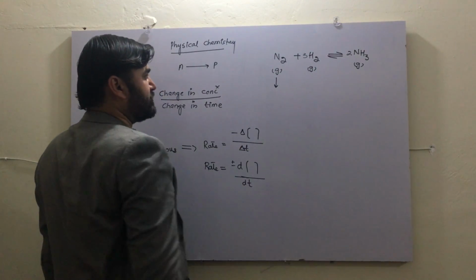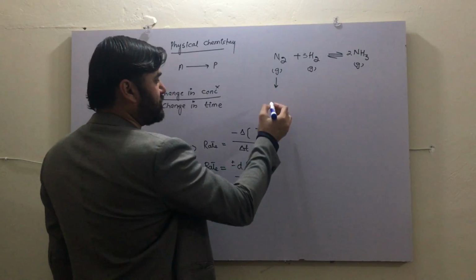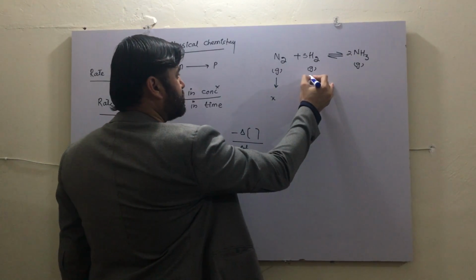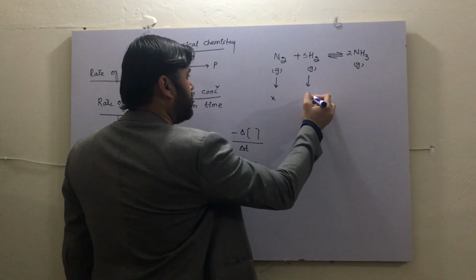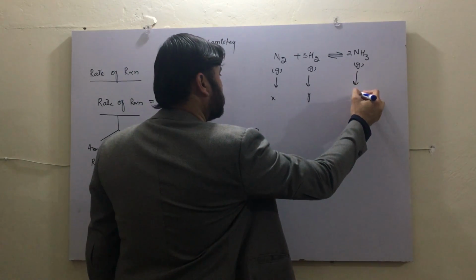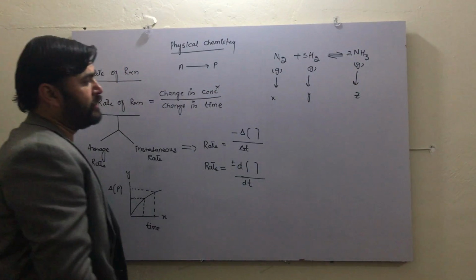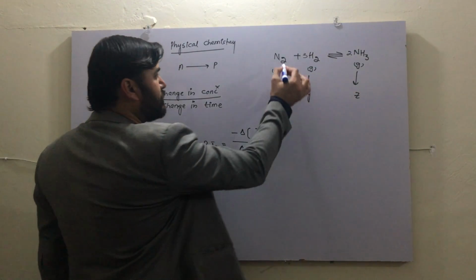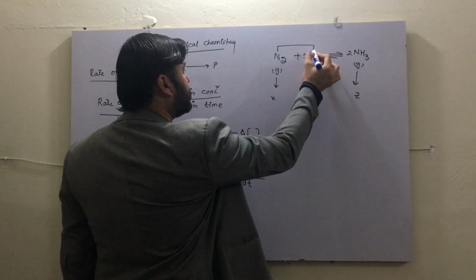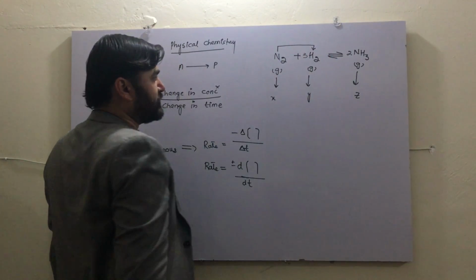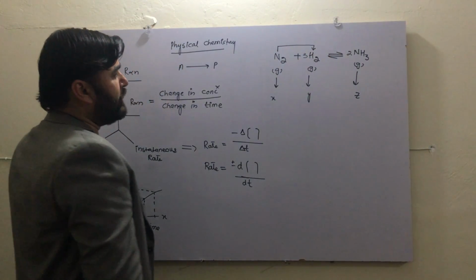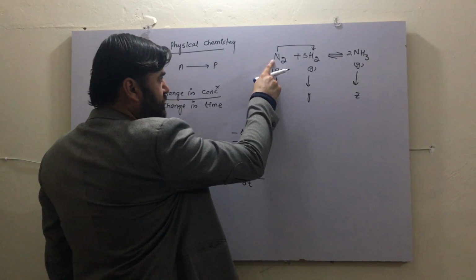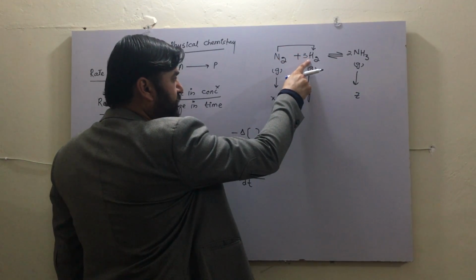Suppose the amount of substance disappeared in this reaction is X for nitrogen, Y for hydrogen, and Z for the product. If we want to compare ammonia with hydrogen: nitrogen is 1 and hydrogen is 3.